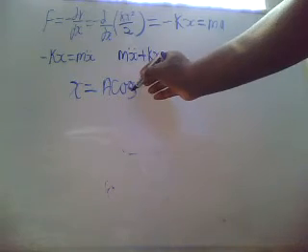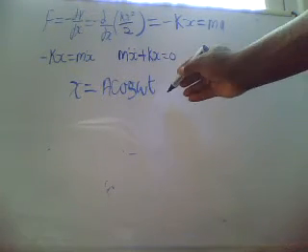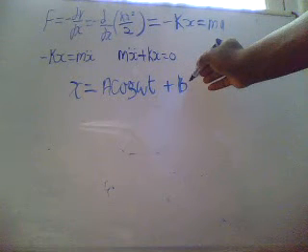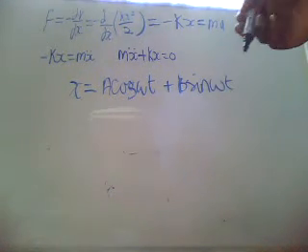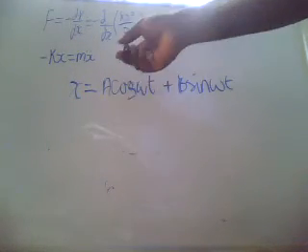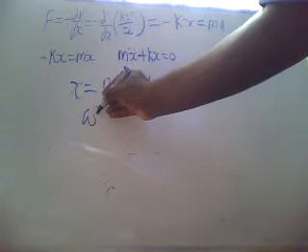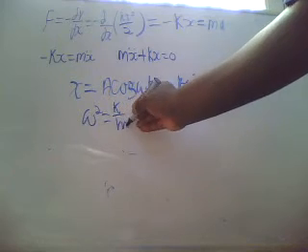Cosine omega t plus sine omega t. This is the solution to this. If you plug this in there, you get 0, where omega squared is equal to k over m.